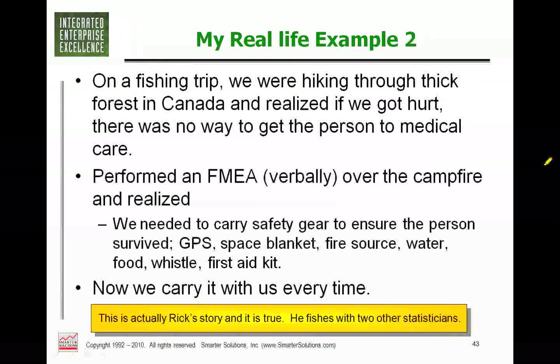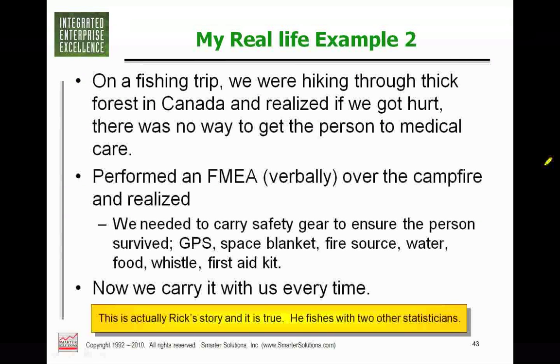Another example that Rick has is a week-long fishing trip in Canada, after the mosquitoes freeze and get taken care of. But then they started thinking about what happens if somebody got hurt. There's no way to get the person medical care.